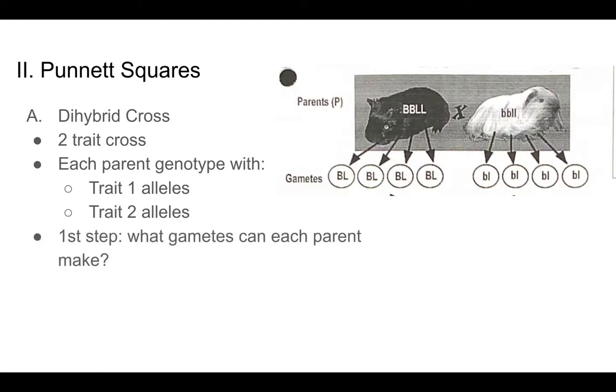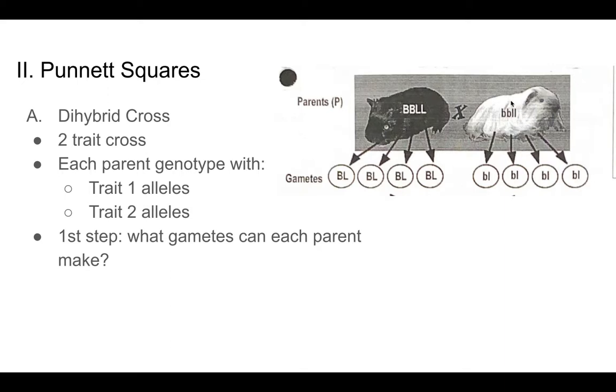What we've already talked through in doing your dihybrid cross is that step 1 is figuring out what kind of gametes each parent can produce given their genotype. We already did that by the FOIL method. Here's the parent genotype, and if I FOIL this genotype, here are the possible gametes that this parent could create.